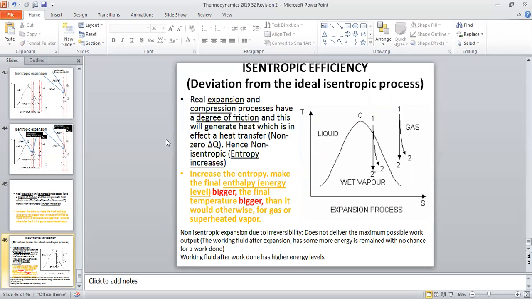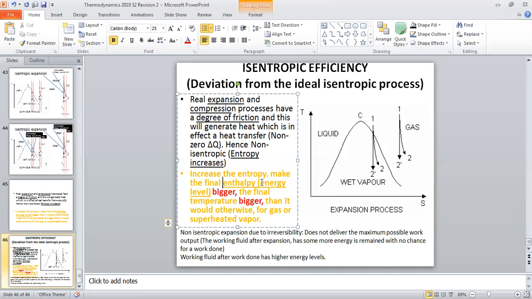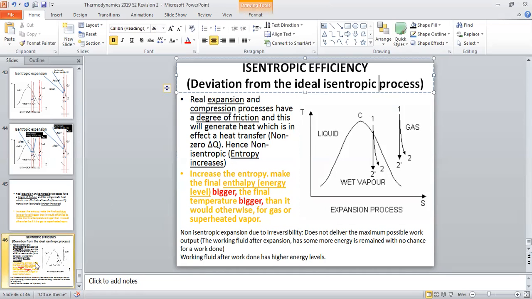When it comes to enthalpy, it is more than the internal energy, as the pressure levels are also high. H is U plus P, we have learned this. Enthalpy is also a reflection of the energy levels of the working fluid. Good, I hope you can understand this as well.